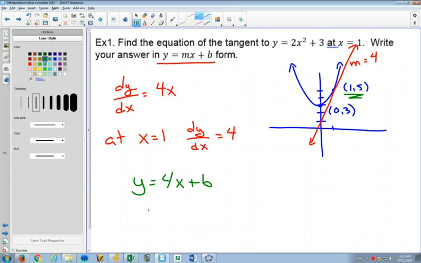That means when y is 5, x has to be 1. If we do that, the only thing we have to solve for, moment of excitement, is b. And what does b have to be? 1.